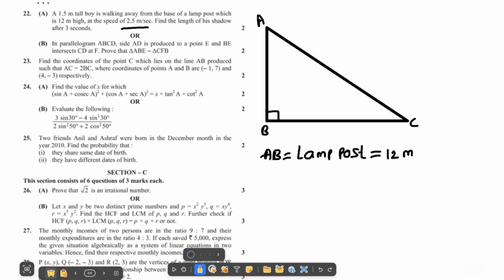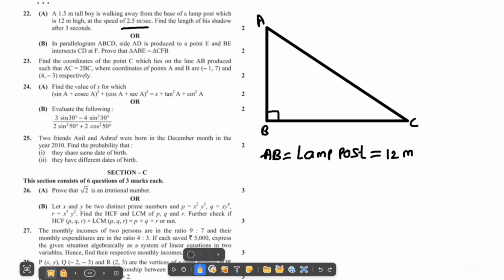It is given that a boy is walking away from the base of the lamp post, which is 12 meters high, at the rate of 2.5 meters per second. So the boy is walking away from the base of the lamp post.